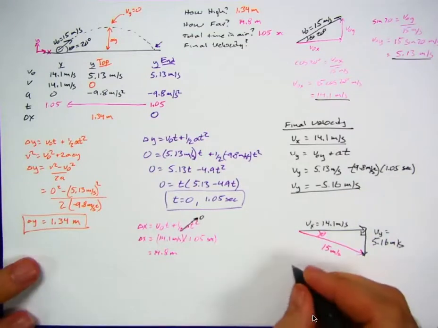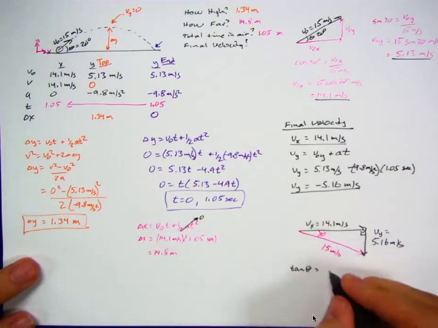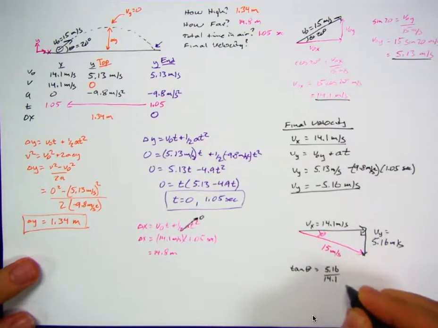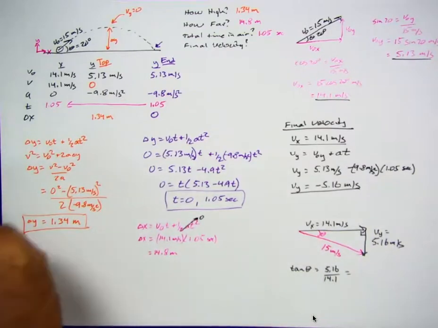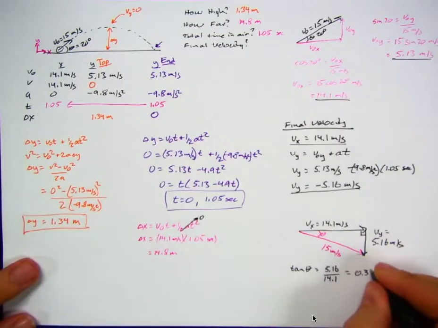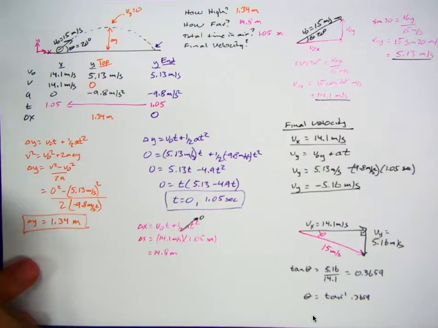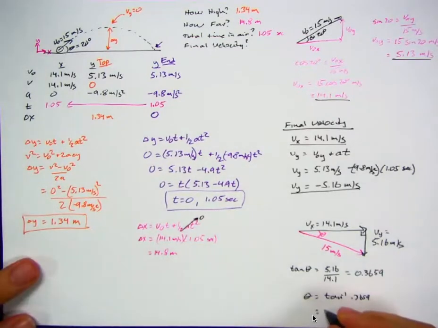I know that the tangent of theta is opposite over adjacent, so it's going to be 5.16 divided by 14.1, 0.3659. So the angle is going to be the inverse tangent of 0.3659.